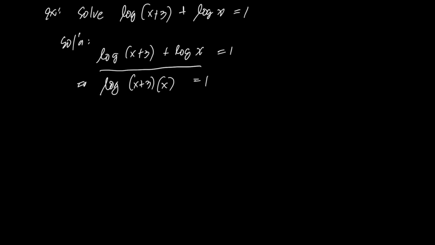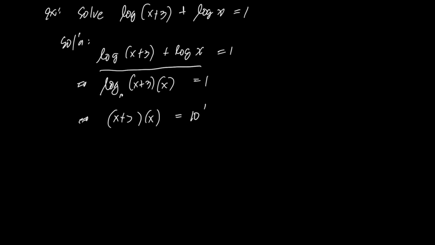So from here, take note, the log here has base 10. That's a common logarithm. So we can write that one as (x plus 3) times x equals 10 to the 1. Eliminating the log, we express this one in this form.